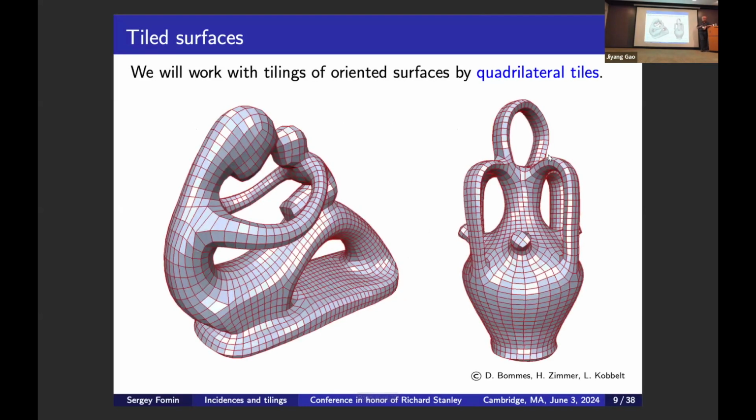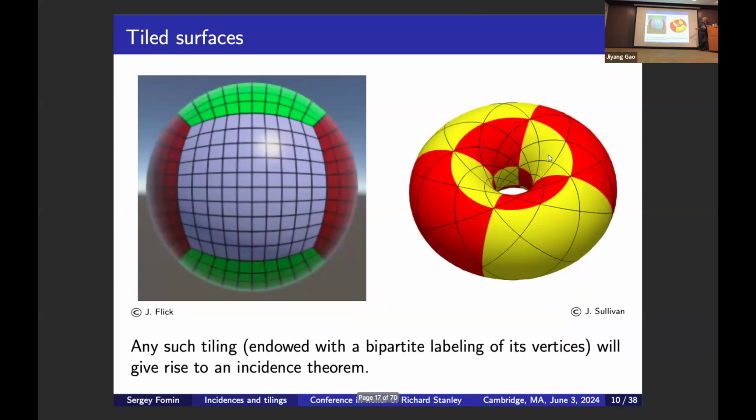Okay, so the construction involves tiled surfaces. So we are going to start with a surface of some genus, a closed, oriented surface, and we are going to tile it with quadrilaterals. Two examples. These are perhaps less exotic examples. So you start with a surface, you cut it up into topological quadrilaterals.